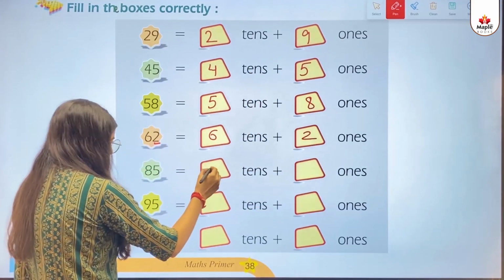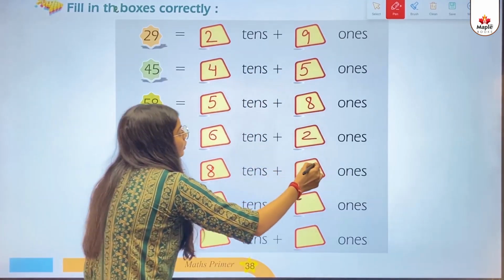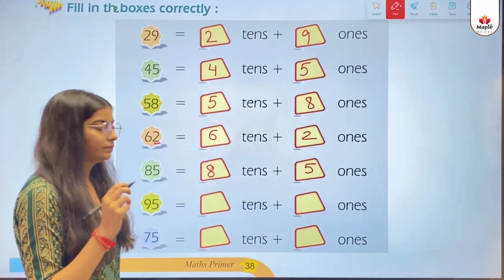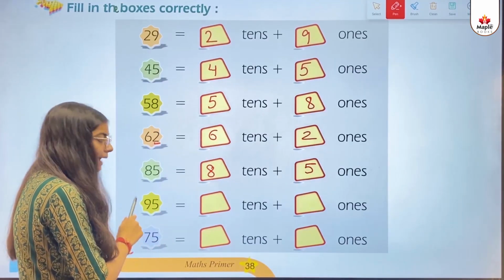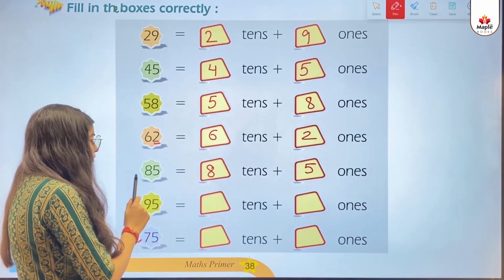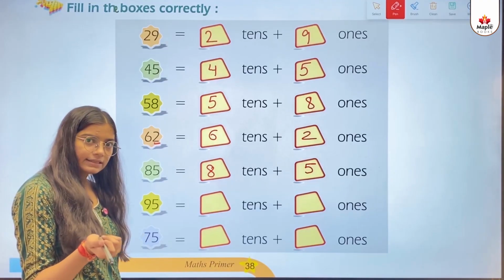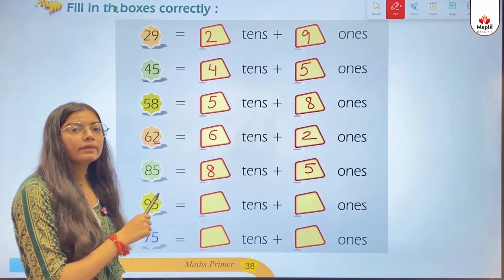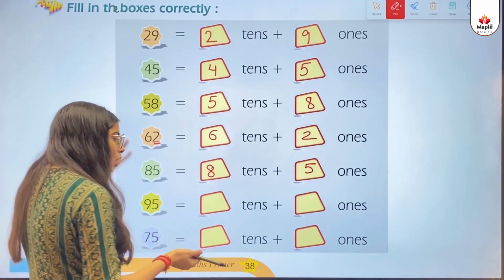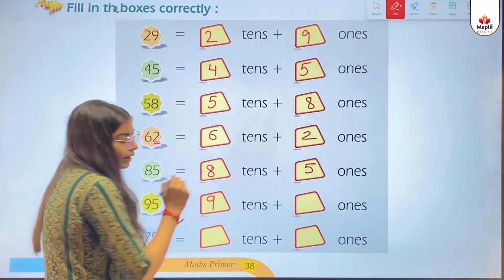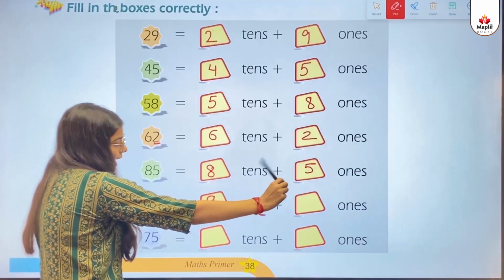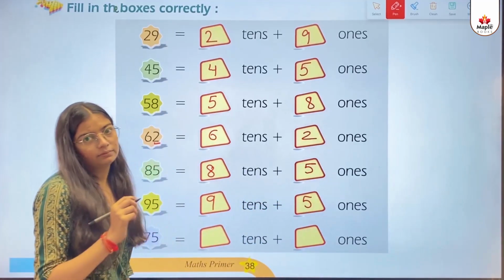So, we will write 8 here and 5 here. Then, 95. We can see that 9 is on the tens place and 5 is on the ones place. So, we will write 9 here and 5 here.